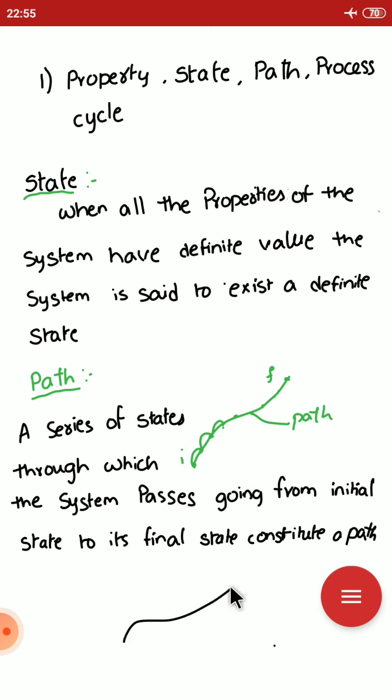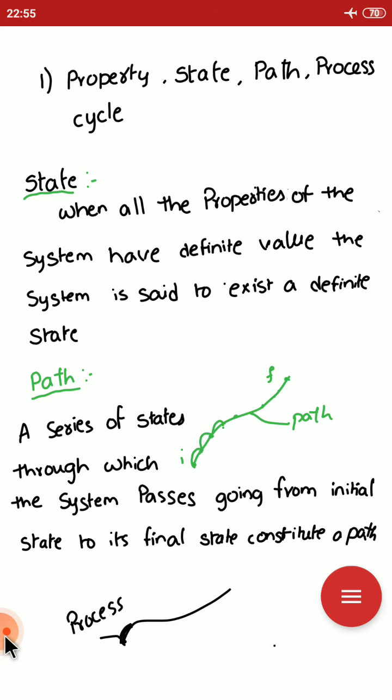When the path is completely specified, the change of state is called a process.